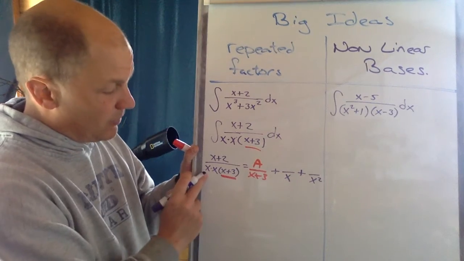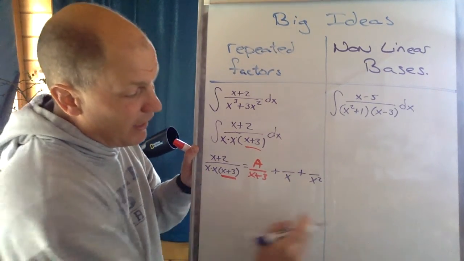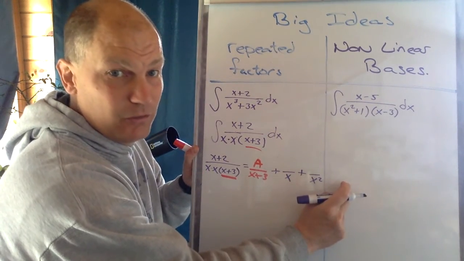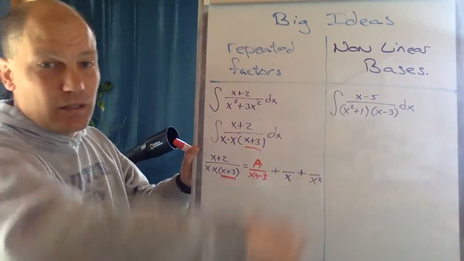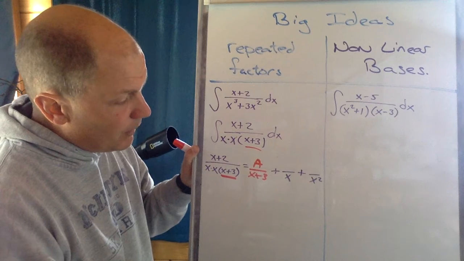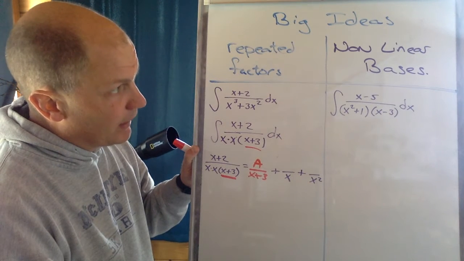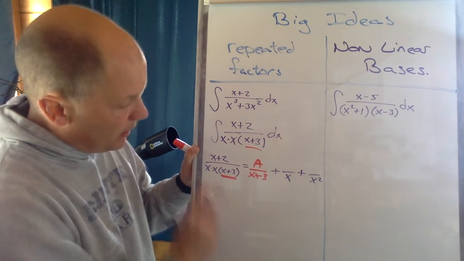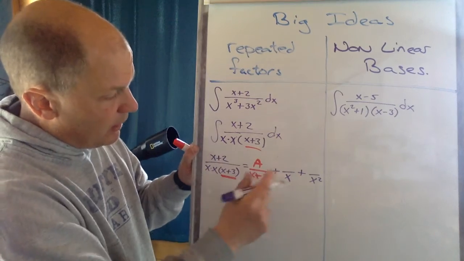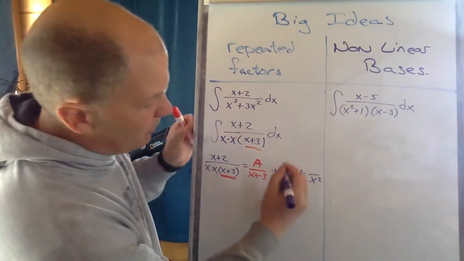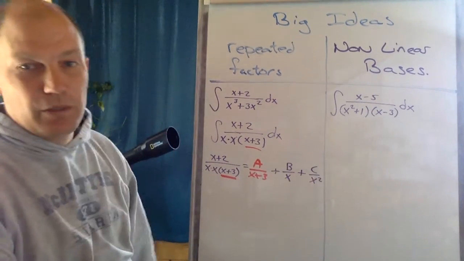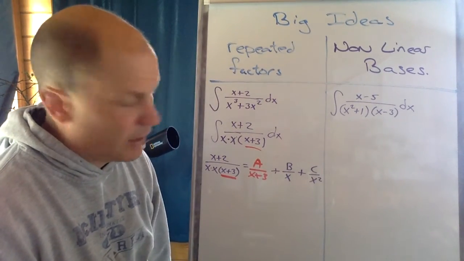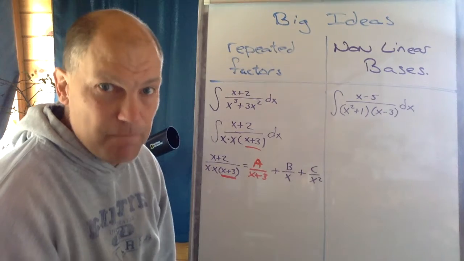Okay? If this was x to the third, we would have another term over x cubed, and another one over x to the fourth. And we just keep going and going. But that's the big idea. So this is A, and these all have to be unique numbers or unique coefficients. So we would do it this way: A, B, and C. Okay.